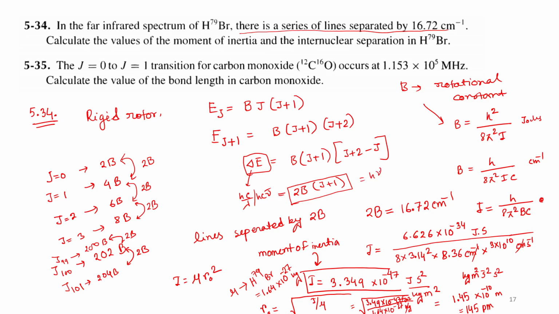Your nu is given, your j is given, so you can calculate the value of b, the rotational constant, and from the rotational constant and from the mu of 12C and 16O you can calculate the bond length for carbon monoxide.